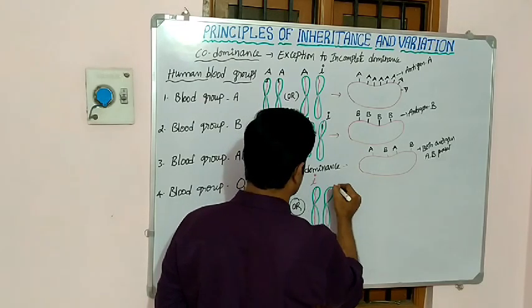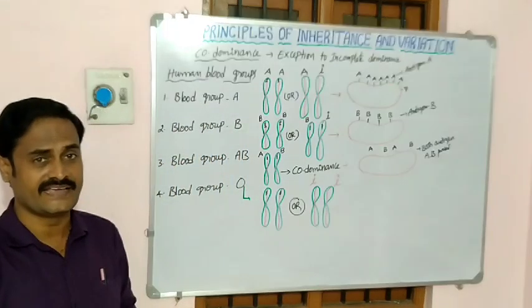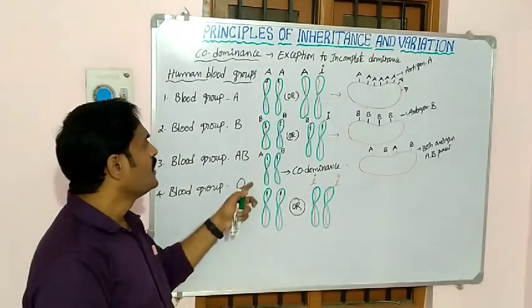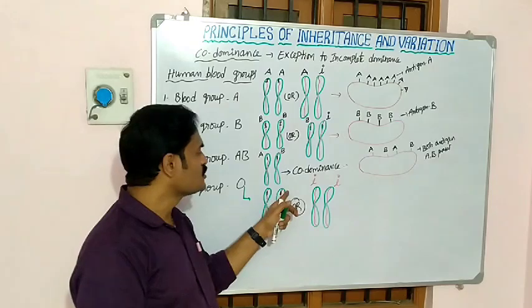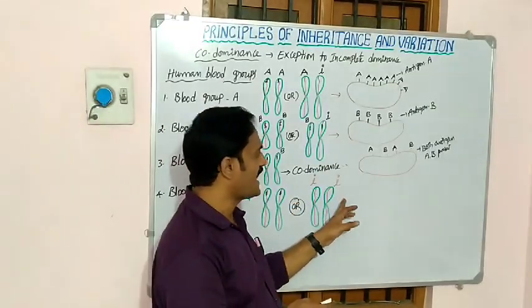Both alleles are I. Remember, both alleles are I. There is no A allele, there is no B allele. Remember that. Both alleles are I.